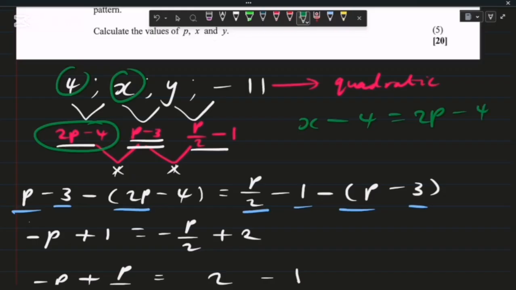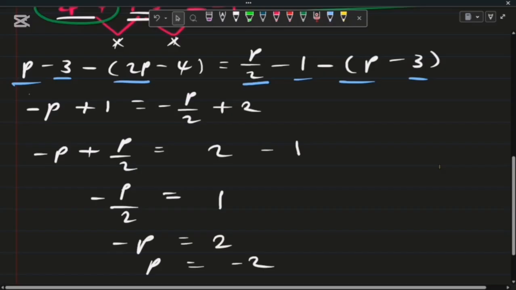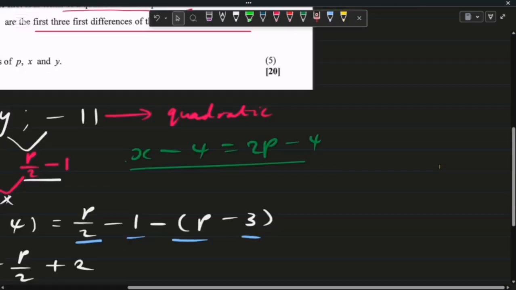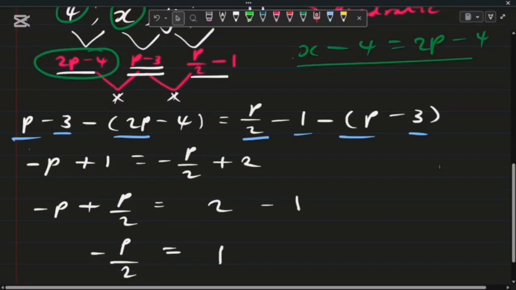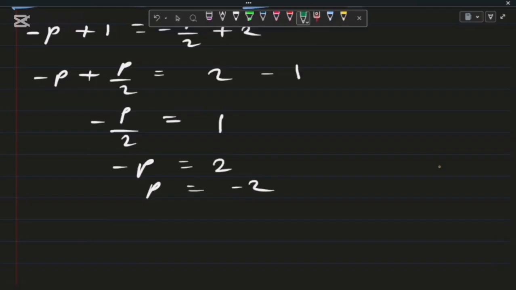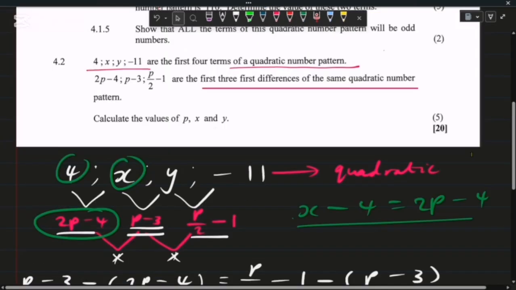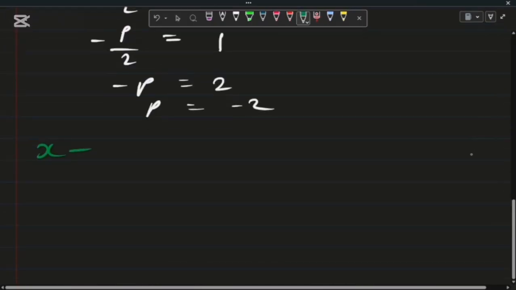But now we have the value of p, so we can use this equation to simply get the value of x. So let's get that done. We see that x minus 4 is 2p minus 4. X minus 4 is equal to 2p minus 4.